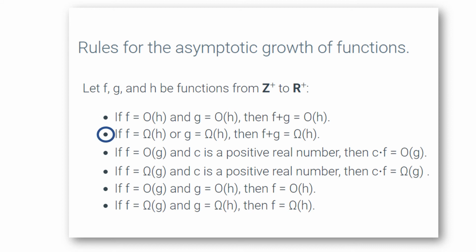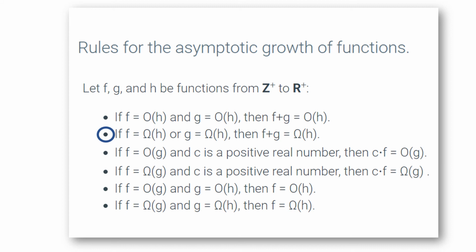Now, here's one that involves omega, and this says if f is omega of h or g is omega of h, then the sum is omega of h. The difference here is we're talking about omega, and you notice there's that word "or" in here instead of "and." So we don't have to have both f and g satisfying this.